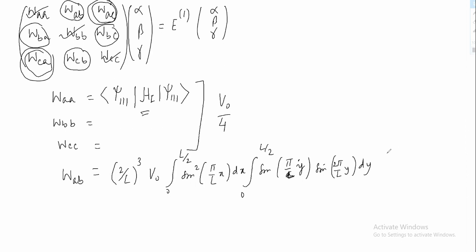Then the Z part, integral 0 to L of sine 2 pi by L into Z times sine pi by L into Z. This will be WAB.